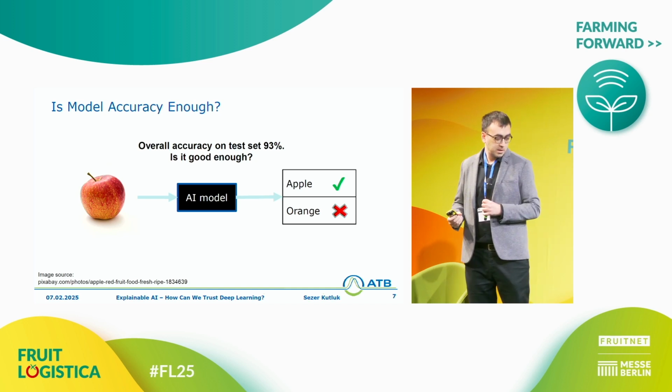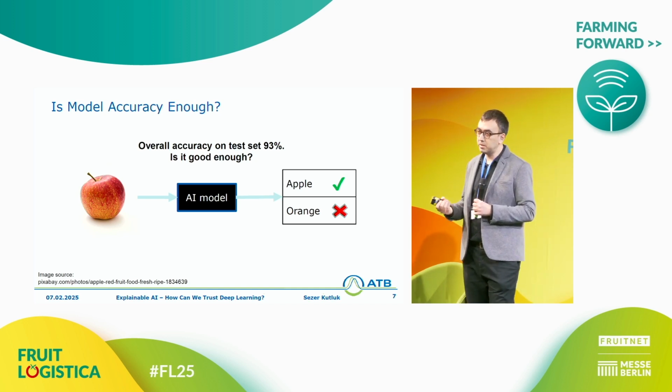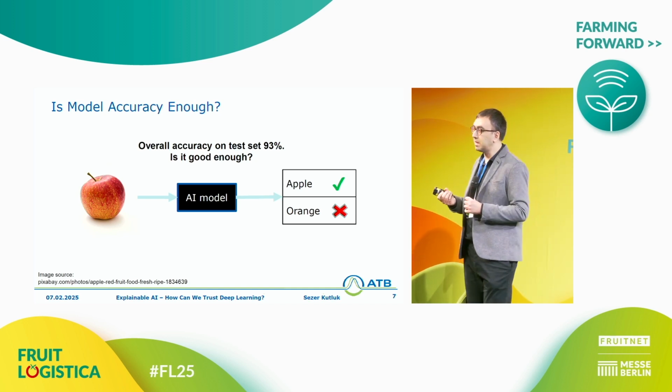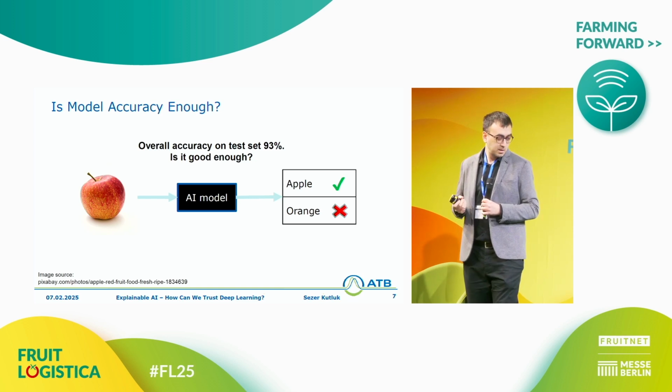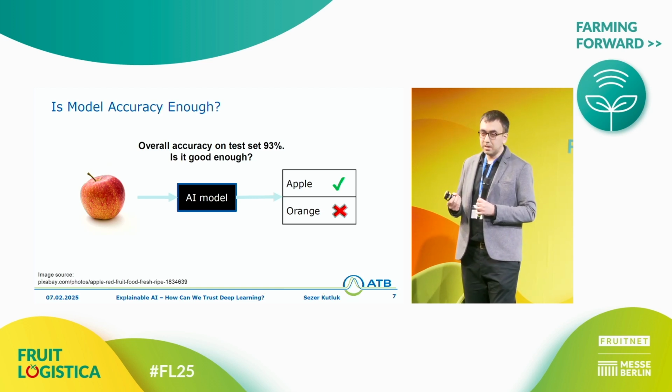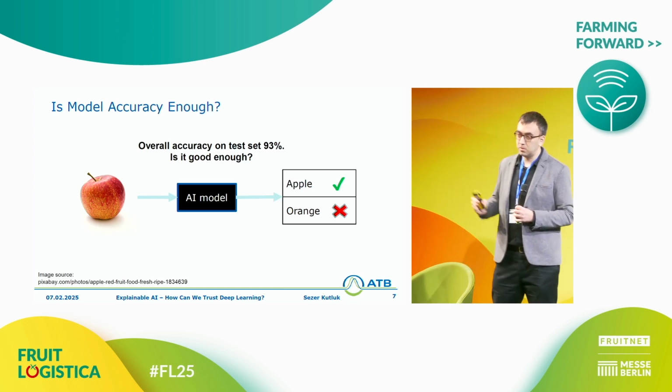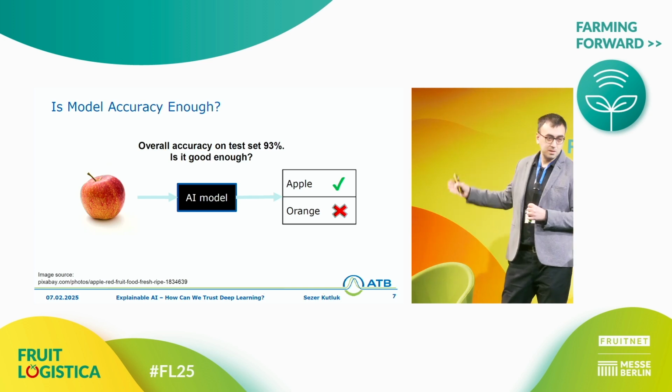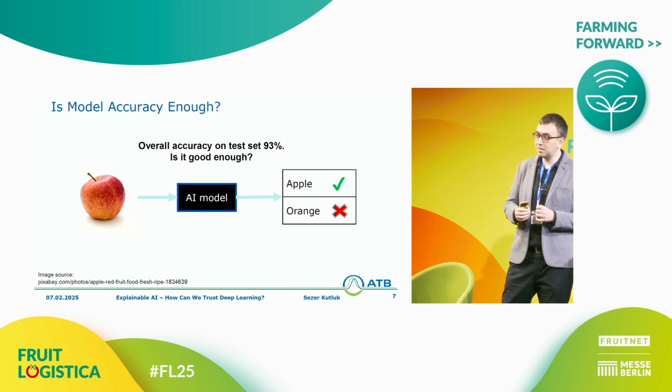And if the overall accuracy is, for instance, 93%, maybe we can think that it is good to go. So we can pass it to the deployment team. They can integrate it to the product. But do we really think that it's good enough?